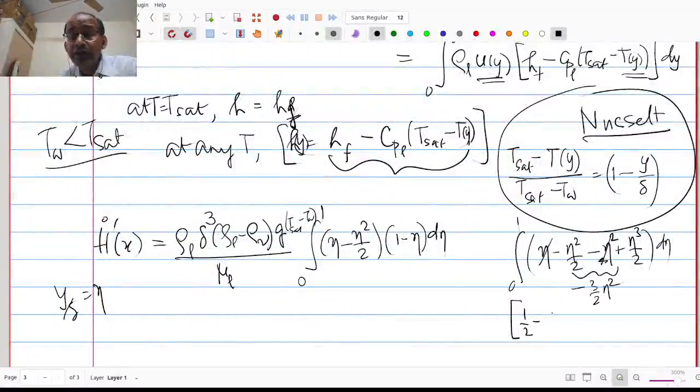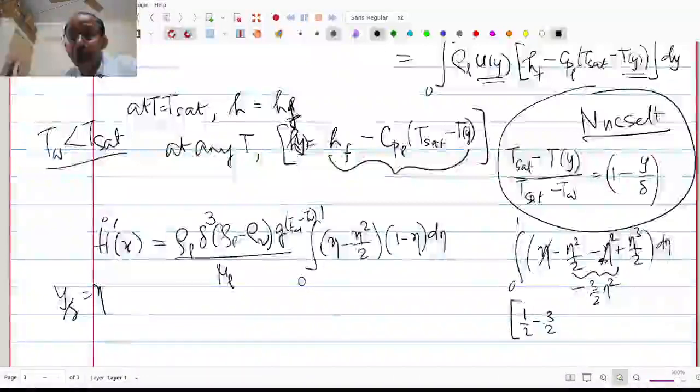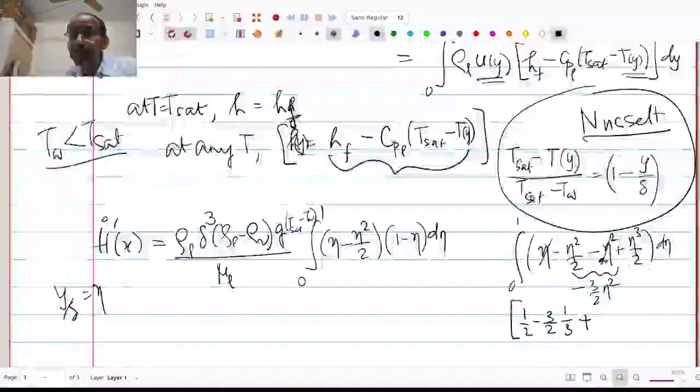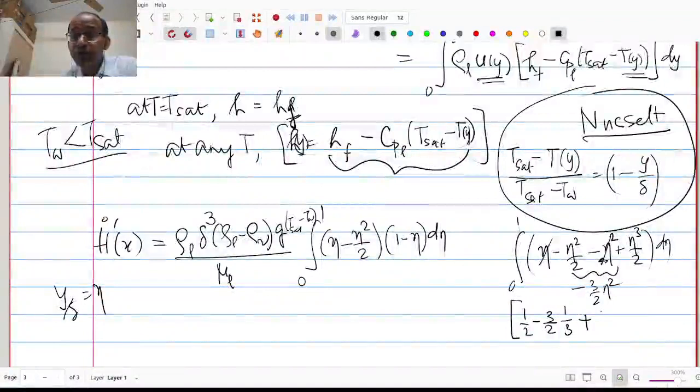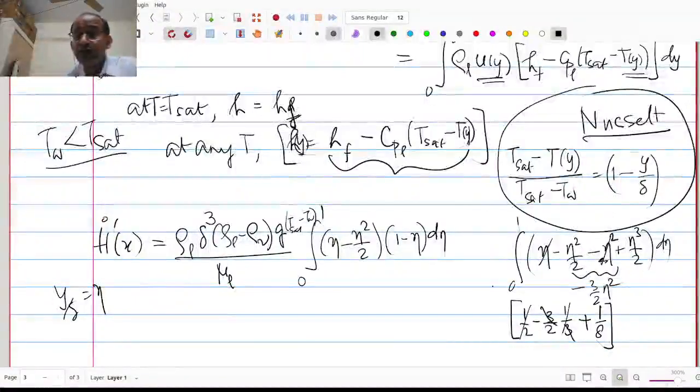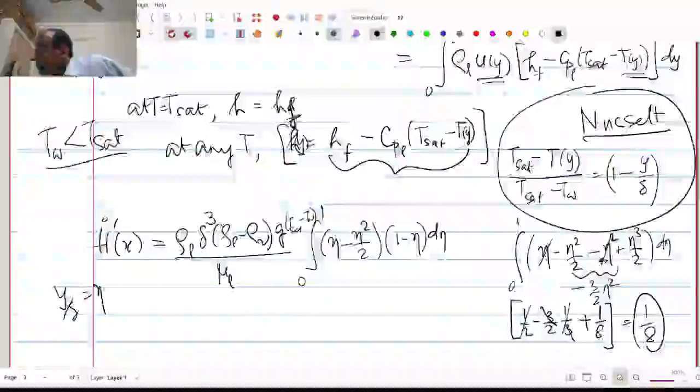Then minus 3 by 2 into eta cubed by 3, so it will become 1 by 3, plus 1 by 2 into eta to the power 4 by 4, so it will be 1 by 8. So this 3 gets cancelled, and half minus half becomes 0, so it becomes actually 1 by 8. Is that correct? So you get a 1 by 8.